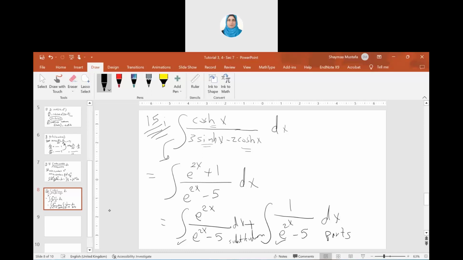Here you can take this one as u, then you can use substitution. This one you can use by parts. Choose u equal to 1 over e to the power 2x minus 5, dv equal to dx. And continue and evaluate this one.